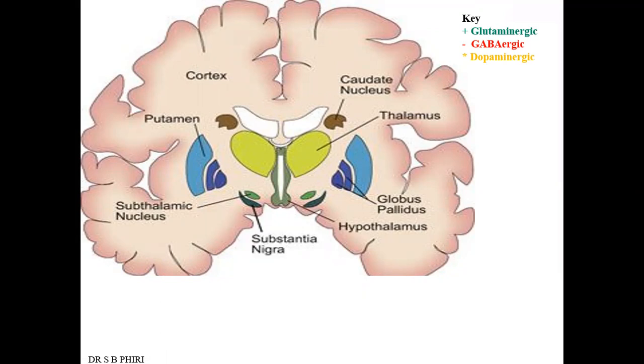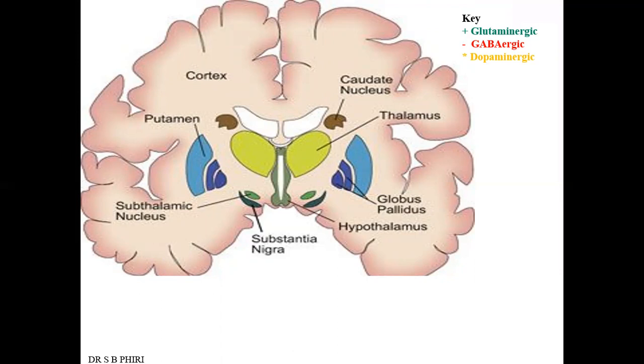So the neurons that are coming from the cortex to the basal ganglia via the corpus striatum, mainly they are stimulatory. So they are going to release glutamate. So they are called glutaminergic neurons.